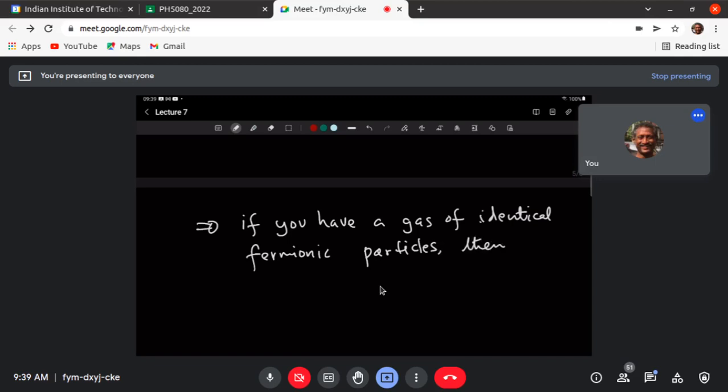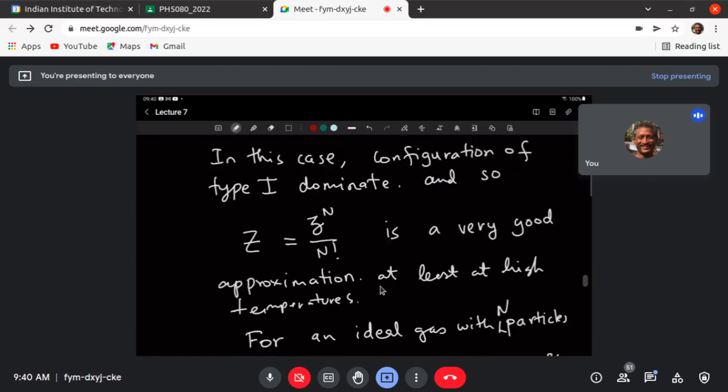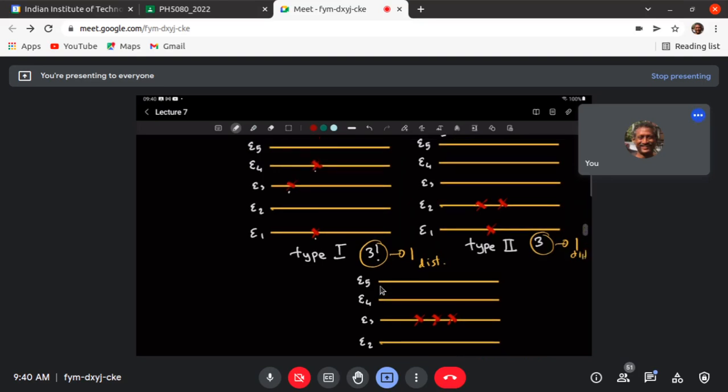then configurations of type 2 or 3 are not permitted. Okay, fermions have additional quantum numbers, spin quantum numbers, so we have to put them also into the story. So for now, we'll just ignore that, but we'll put in the Pauli exclusion principle. Let's come back to this picture that we had. Why is type 2 not allowed for fermions? Because the second energy state contains two particles.